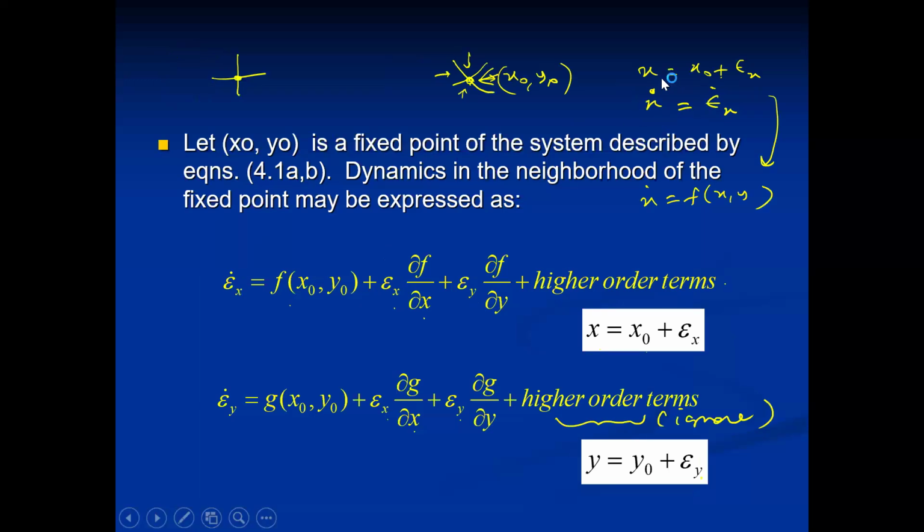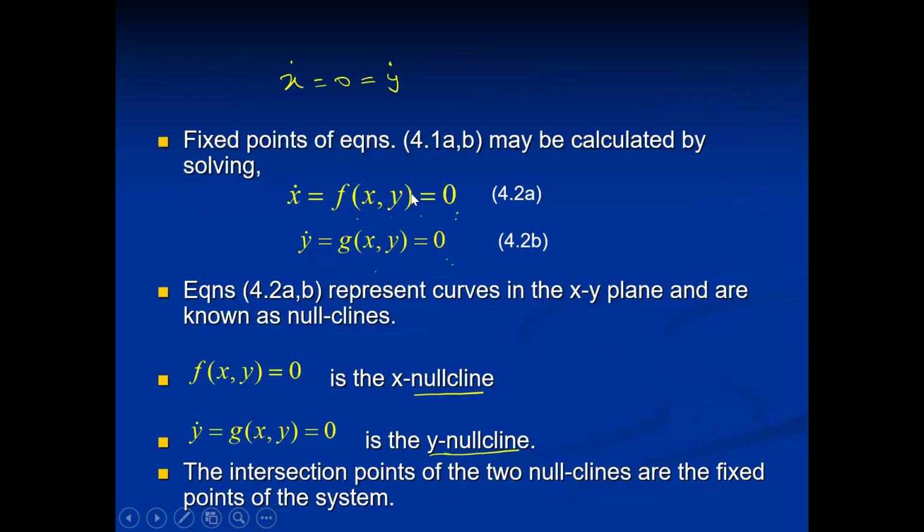Let us assume that x is equal to x naught plus epsilon x and y is equal to y naught plus epsilon y. We introduce 2 new variables, and so we are now looking at the behavior around the fixed point x naught, y naught. So we define new variables only in the neighborhood of x naught, y naught, and therefore you define x and y like this. Now x dot is equal to f of x comma y, right?